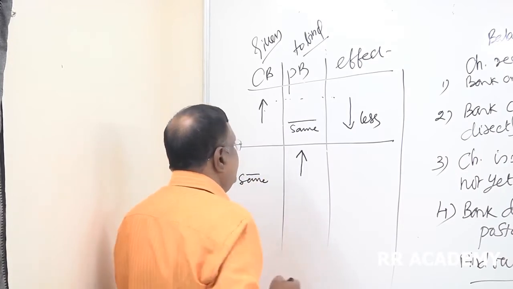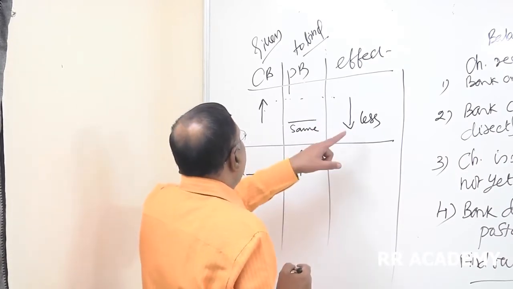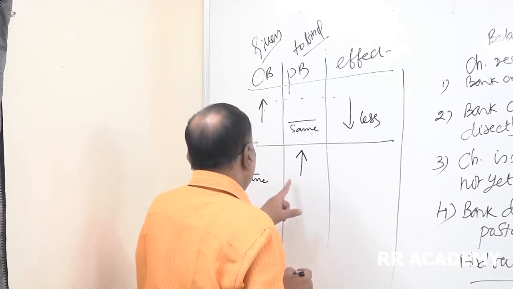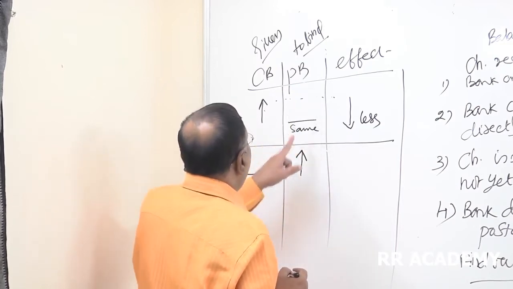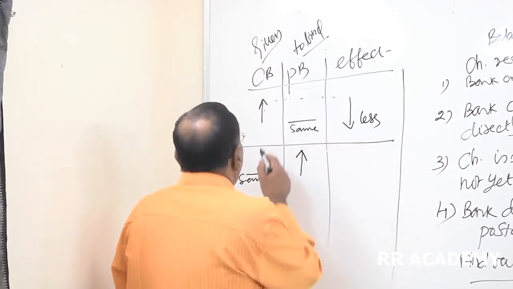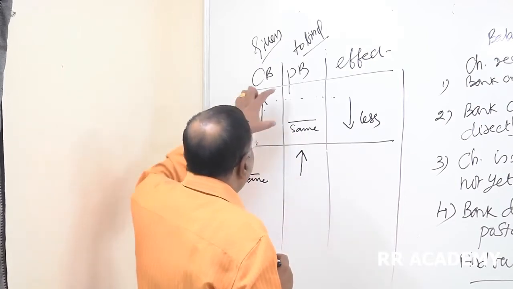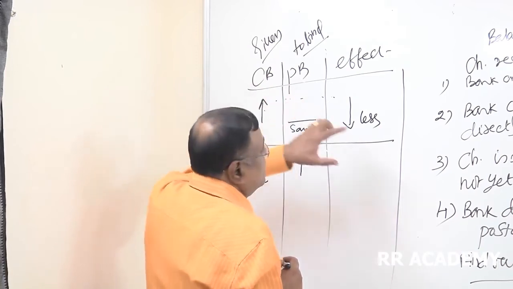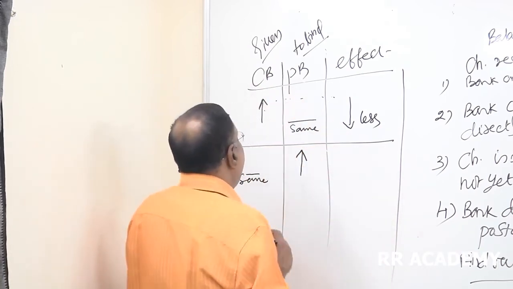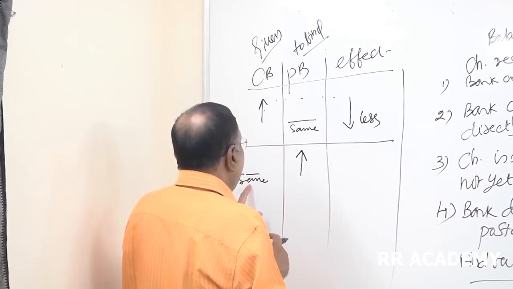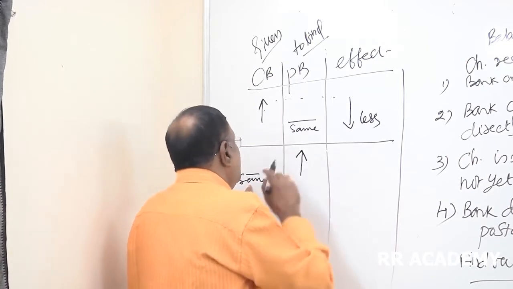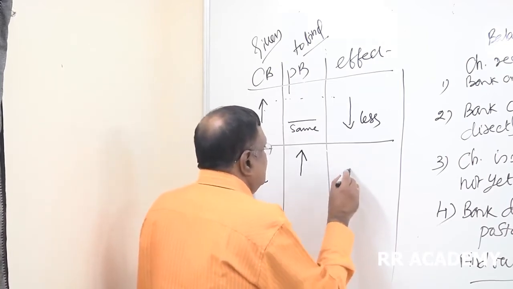Cash book balance same. Which book do you want? You want the passbook. Because it is credited in the passbook, it increased, and the cash book is the same. Therefore, you want the passbook balance, so add.